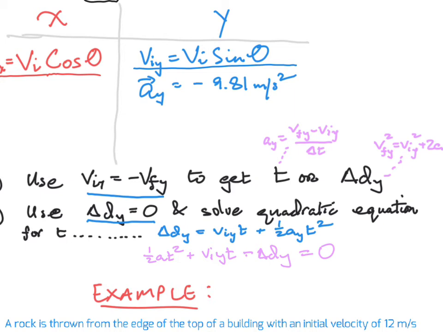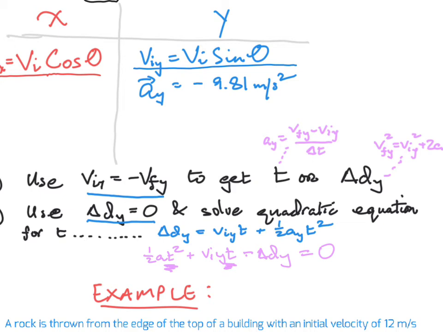Okay, and we can solve for t. So it is similar to what you would see with an x squared term, an x term, and then a non-x value. Now that you can see is quite easy when delta dy is equal to 0.